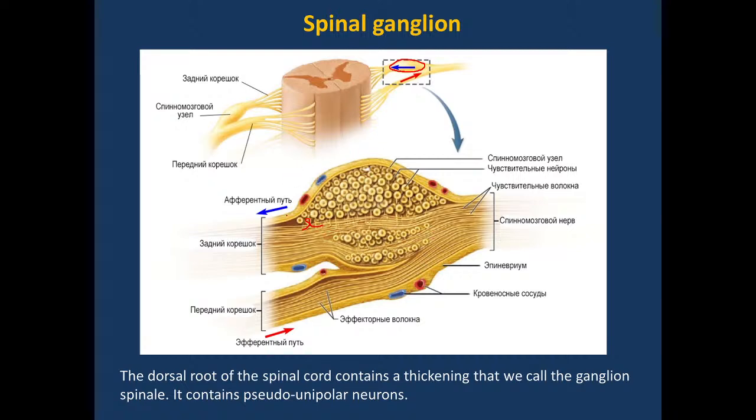So if we find a body of neurons somewhere, we call it a ganglion. A ganglion is a collection of the bodies of neurons, and you see these are the somas or bodies of neurons inside the spinal ganglion.